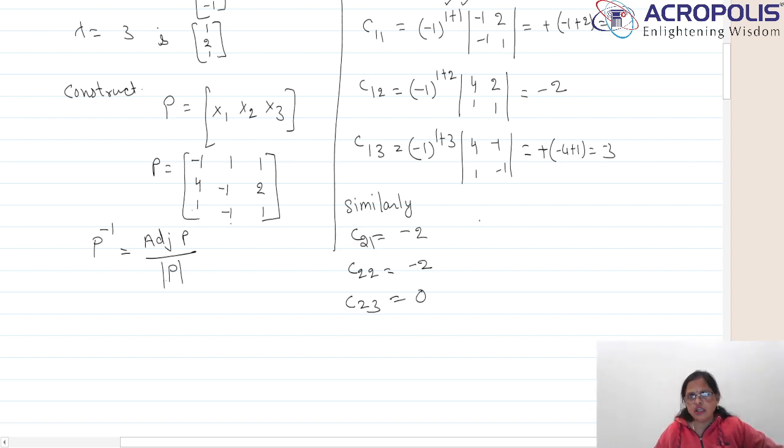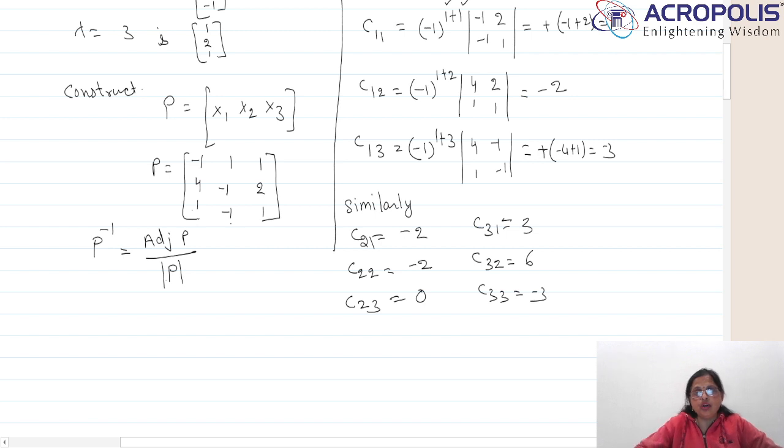Now we get C31. Similarly, following this method, C31 is equal to 3. Now C32 you get 6, and C33 you get minus of 3.